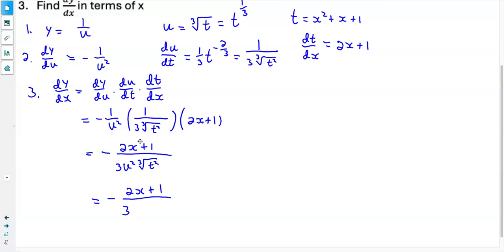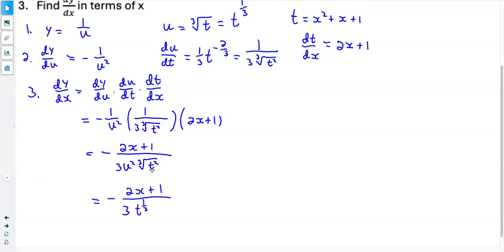We know u was the cube root of t. Now, because it's a cube root of t and we're also multiplying it by another cube root of t, here what we might actually want to do is write u as t to 1 over 3.